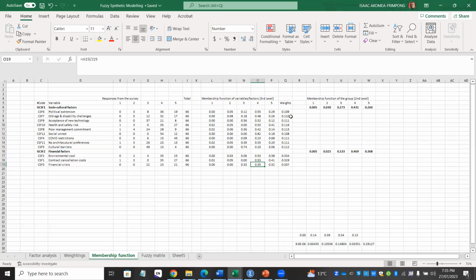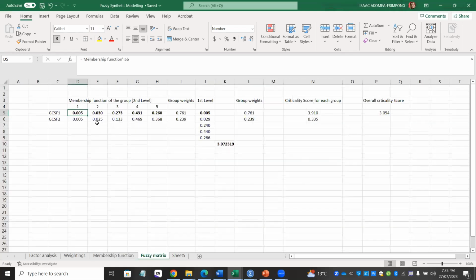Okay, I decided to put them in the form of a row, but these things can also be turned into a column. To determine that, you multiply the membership function of the group, which is the second level, in order to get the first level, by the group weights.